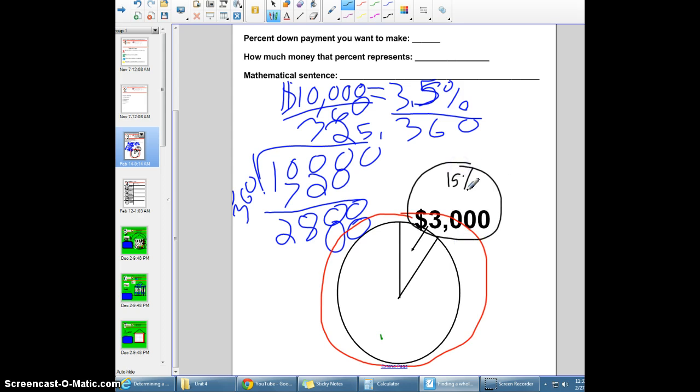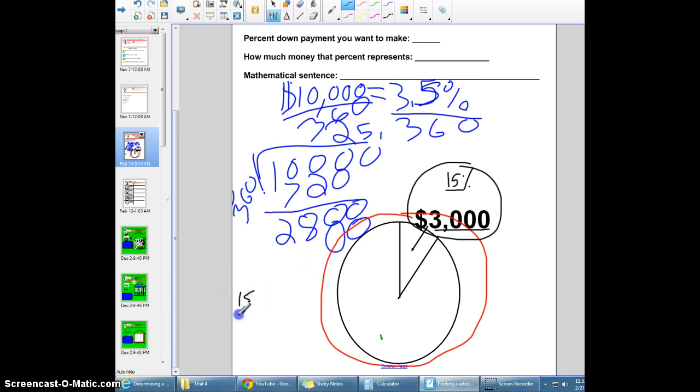What is 100%? That's the type of math I'm actually asking you to do. I'm asking you to determine the whole number value of the entire circle based on knowing that $3,000 represents 15% of it, or 15/100ths of it, or 15 over 100.